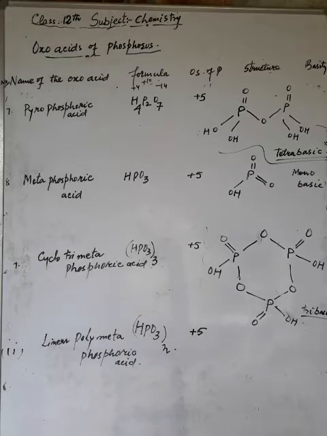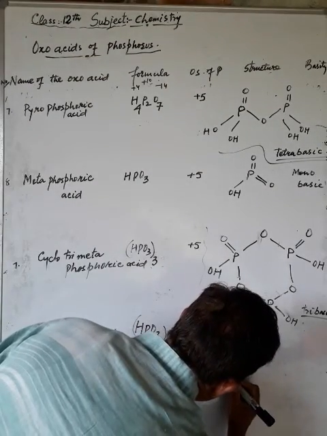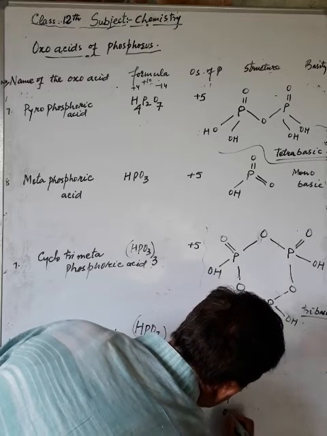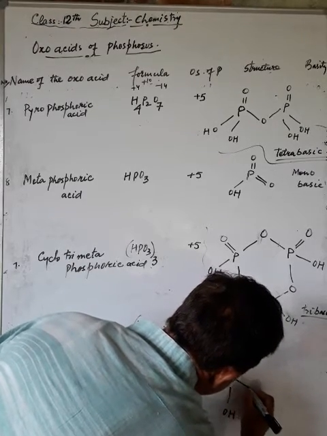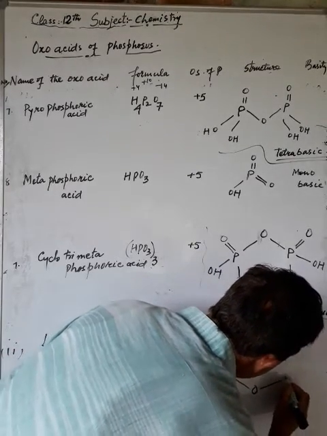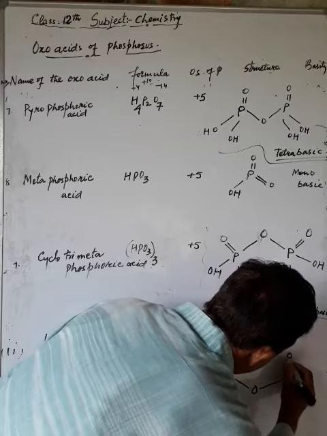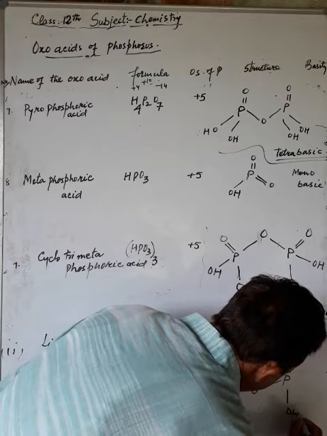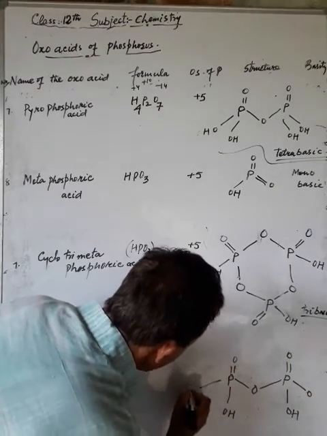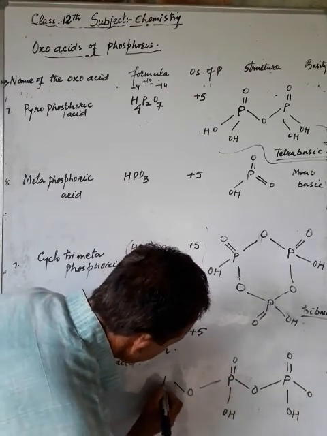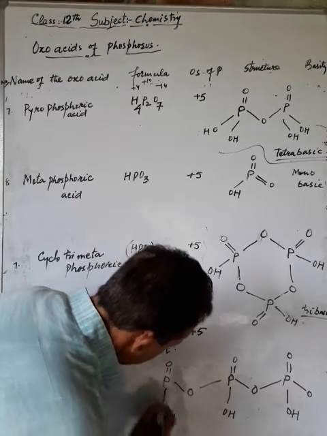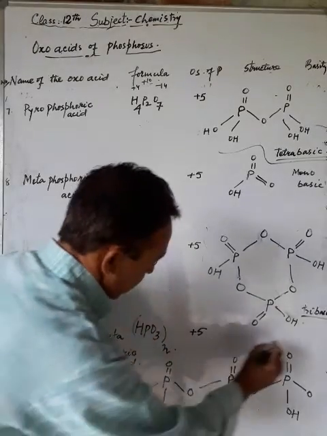Its structure is like this: P double bond O, this is OH, and again we have a double bond, but to this oxygen we have another molecule of PO3. Again we have oxygen, here again we have oxygen, we have phosphorus linked to the double bond, and OH again linked to another molecule.